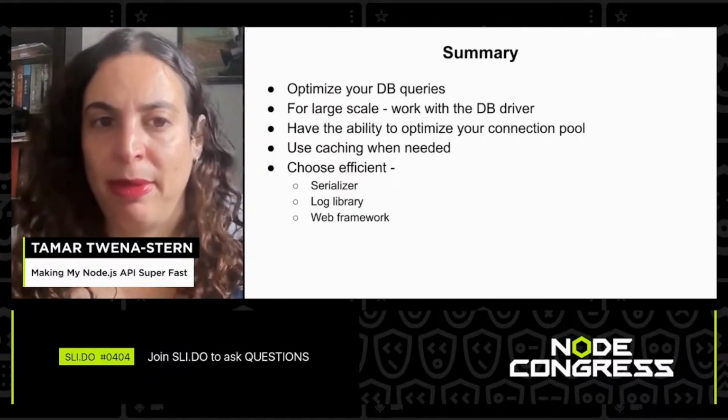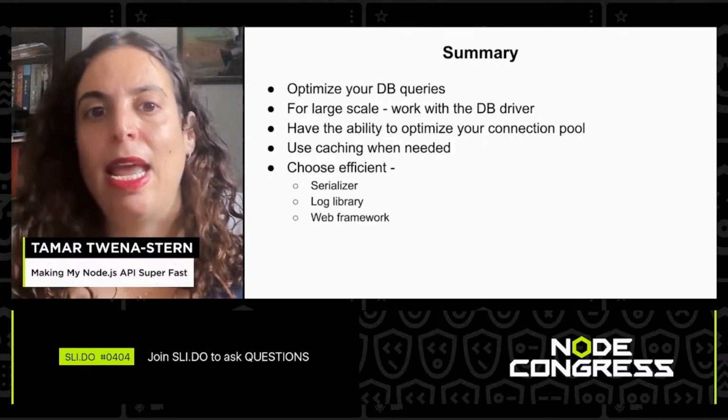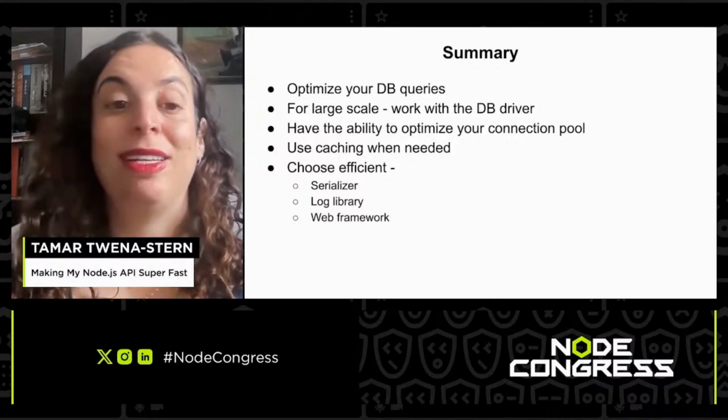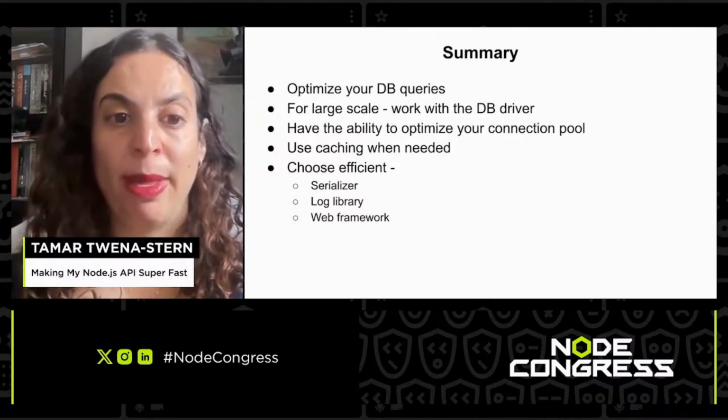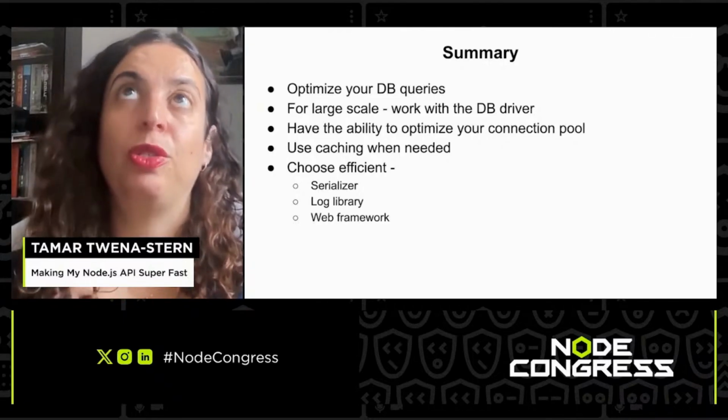Make sure you optimize your connection pool. Cache when you need to. And also make sure that you choose an efficient web framework for performance, efficient log libraries, and an efficient serializer.